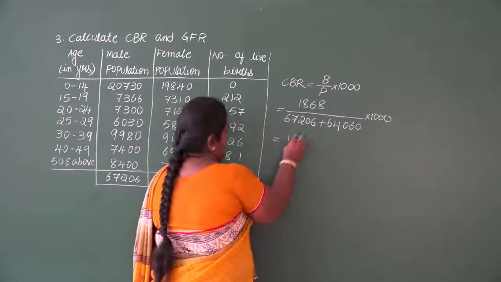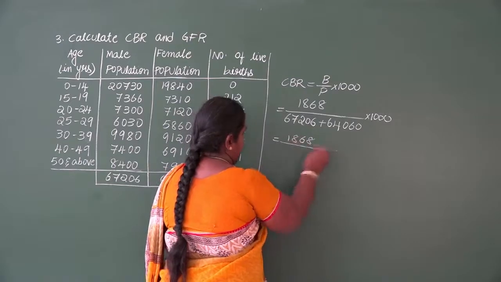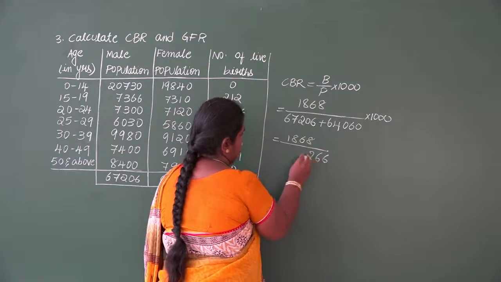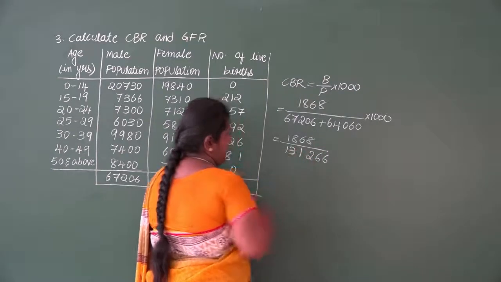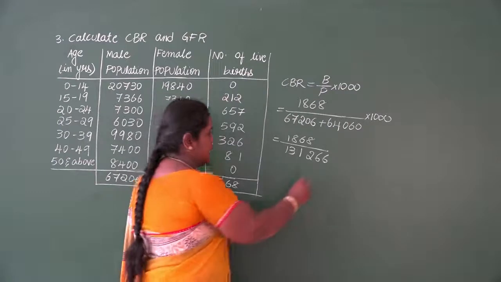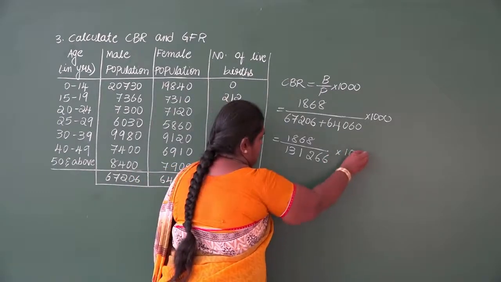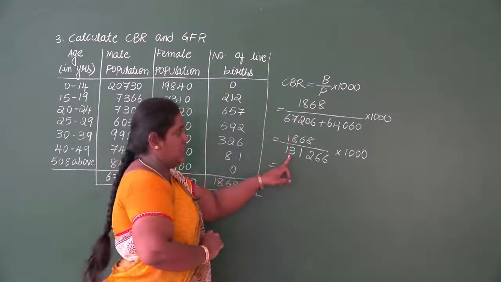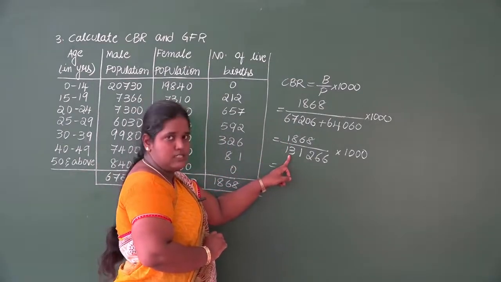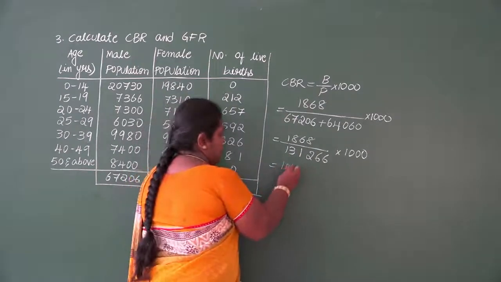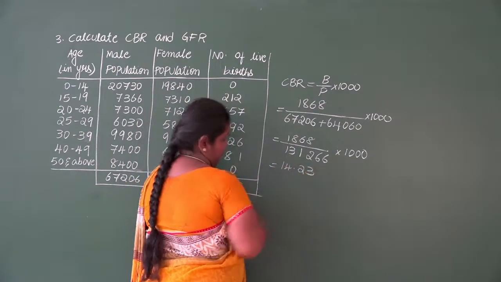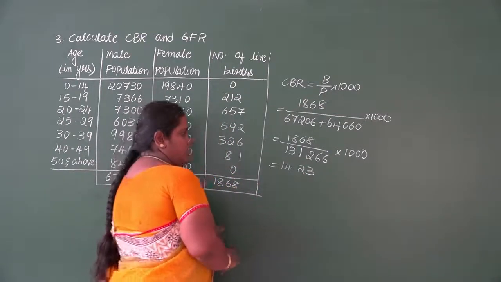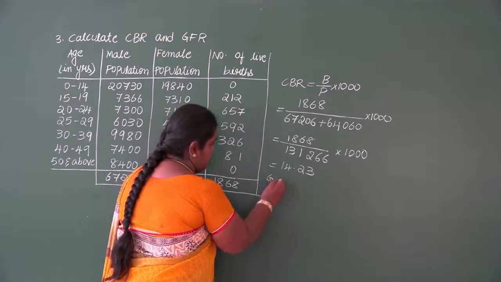Now add the values. When you add, you get 1,31,266 as the population total. So 1868 divided by 1,31,266 into 1000 gives 14.23. So it is 14.23 births per 1000 individuals. I'll just leave it like this, 14.23.